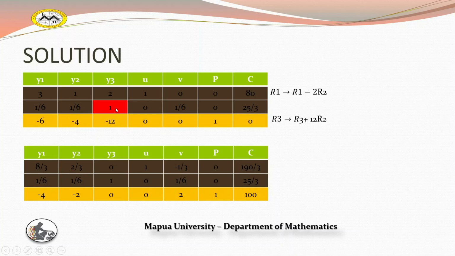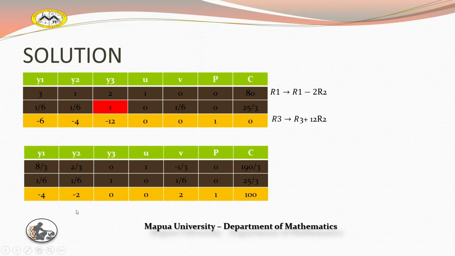Negative 12 plus 12, the answer is 0. 0 plus 0, the answer is 0. 0 plus 2, the answer is 2. 1 plus 0, so this is 1. 0 plus 25 over 3 times 12, so this is simply 100, because 12 times 1/3 is 4, times 25 is 100.